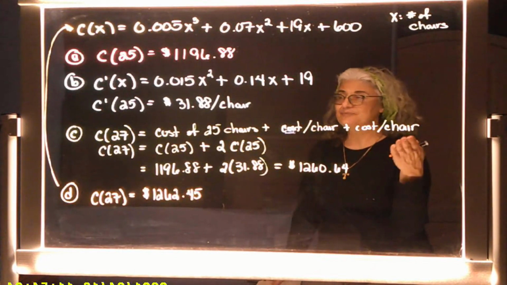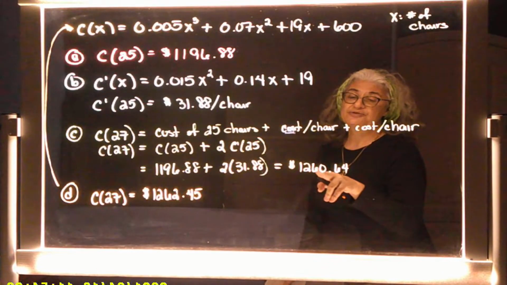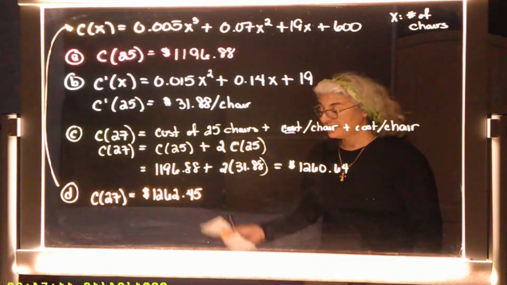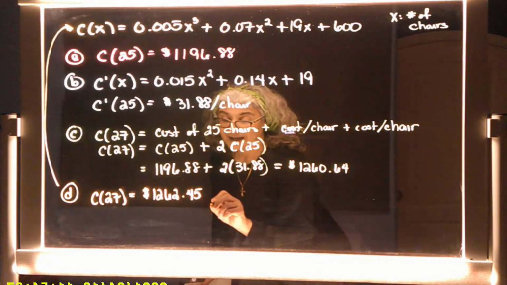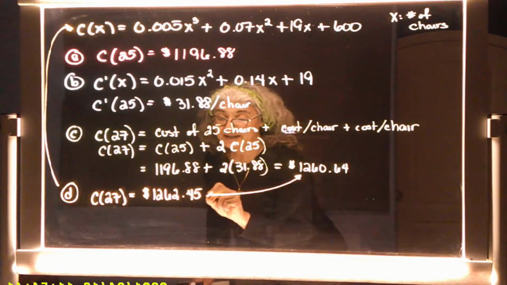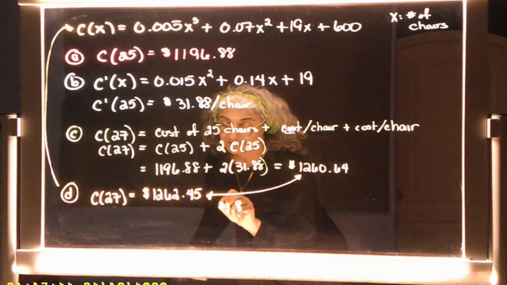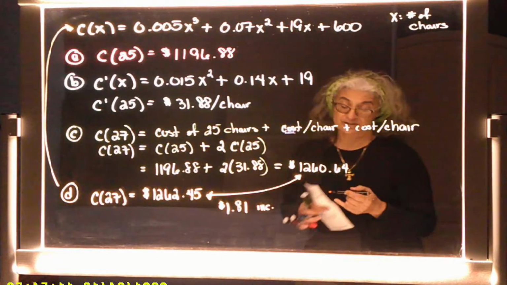Our estimate based on part B was $1,260.64, correct? Which means we basically have between part D and C, when I subtract these two numbers, I actually have an increase of $1.81 in production.